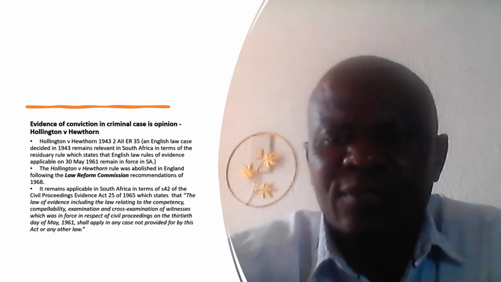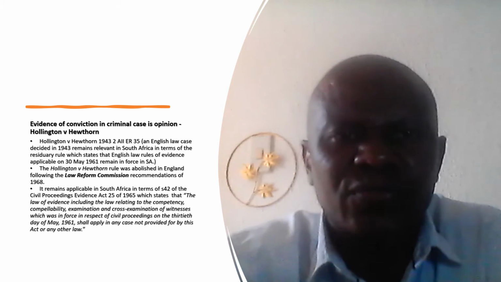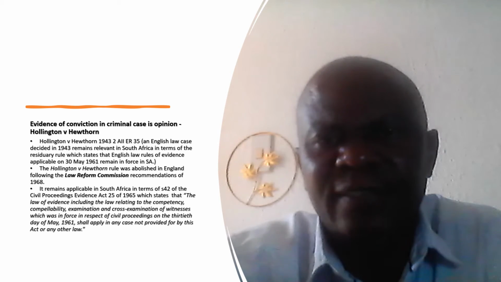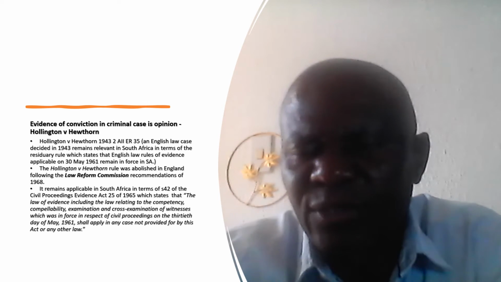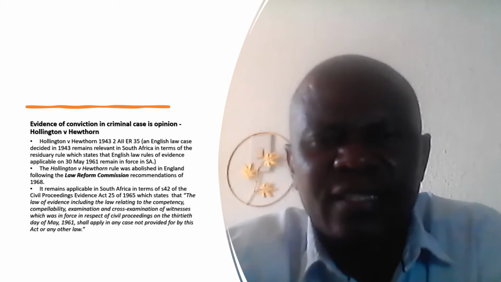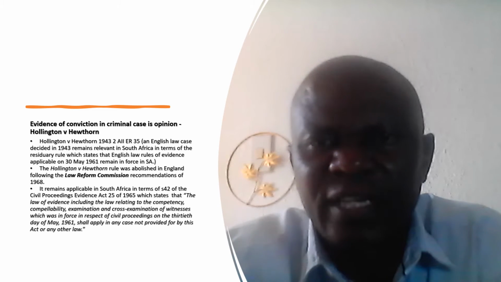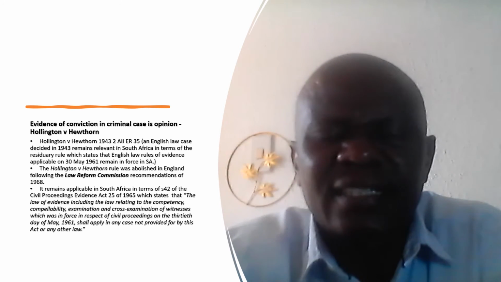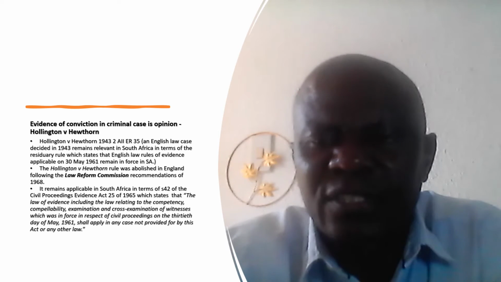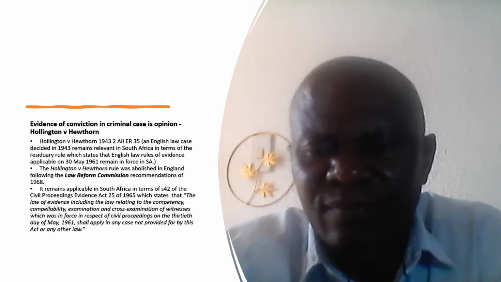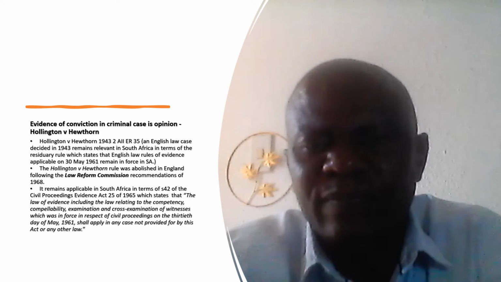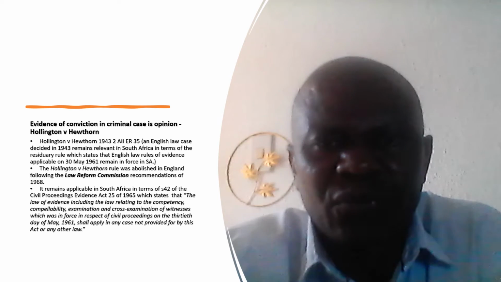Now there comes the issue on the evidence of a conviction in a criminal case. And in the case of Hollington versus Houghton, that was in 1943 in the United Kingdom, the court said that the conviction of a particular person in a criminal court remains the opinion of that court.